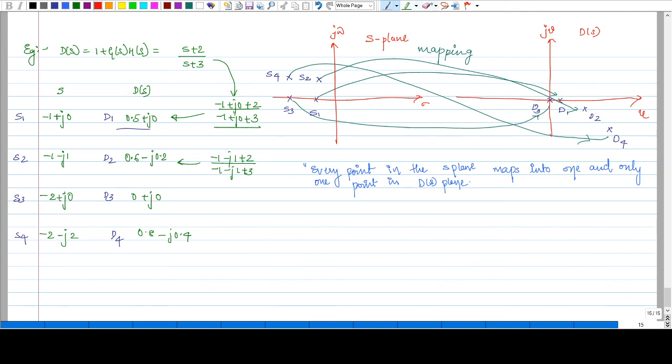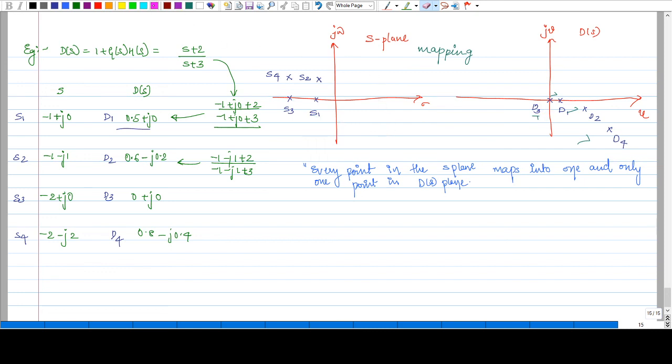So if I take a closed contour like this, this is the closed contour. Each point on the contour is some, like this is S1, this is S2.